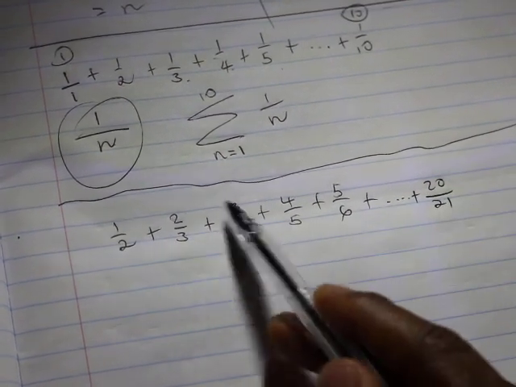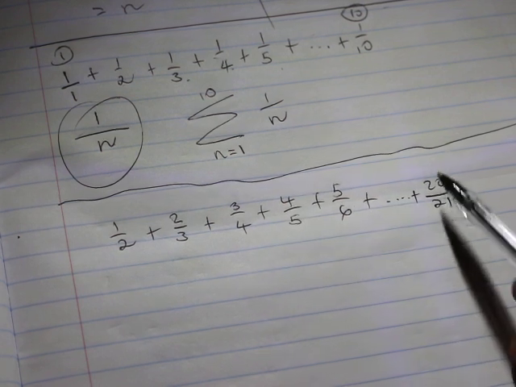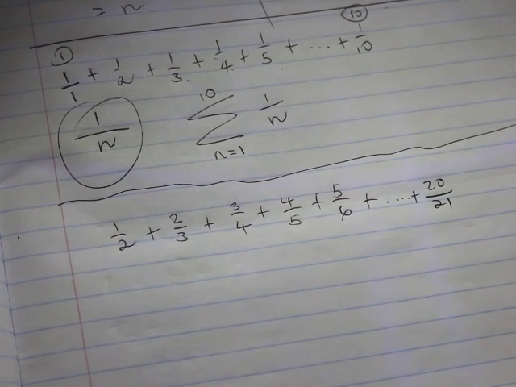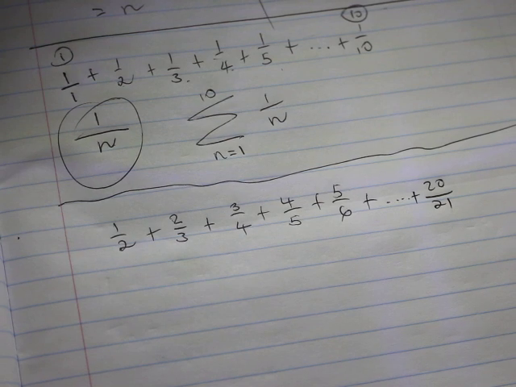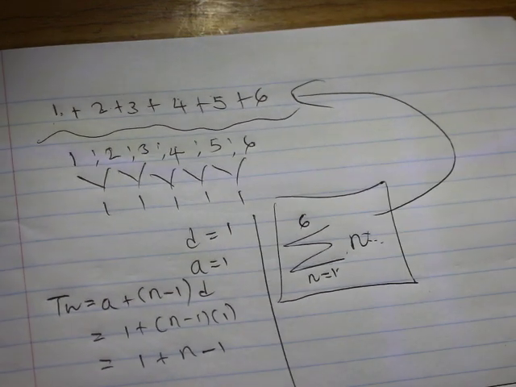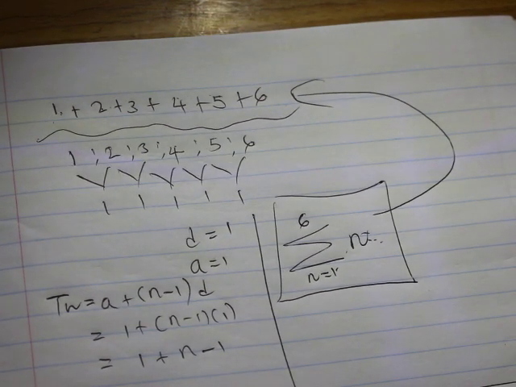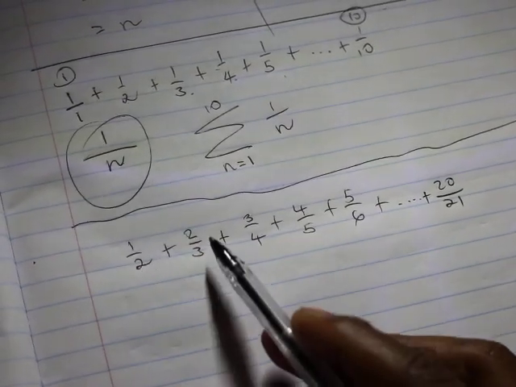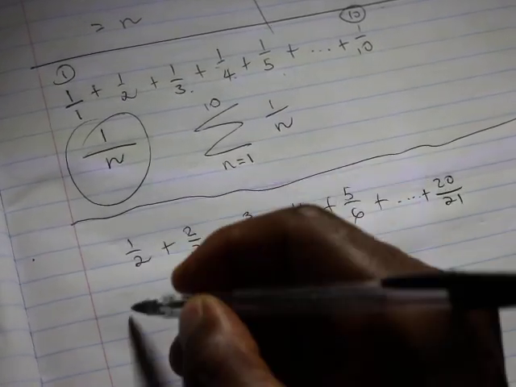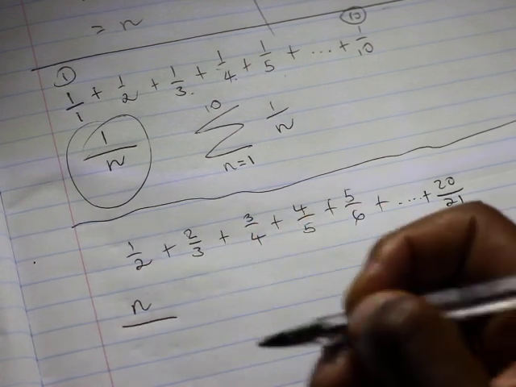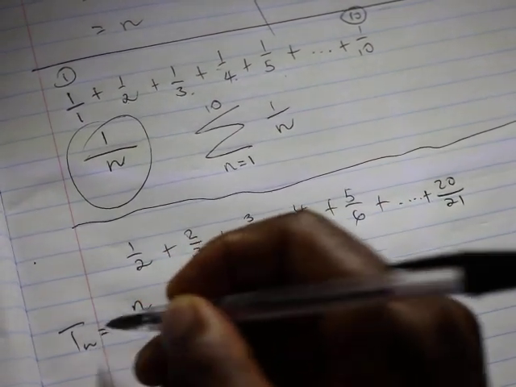You can see 1, 2, 3, 4, 5, 6 up to 20. Remember when we had numbers like that, the general term was just n. So even in this case, the general term in the numerator is going to be n.